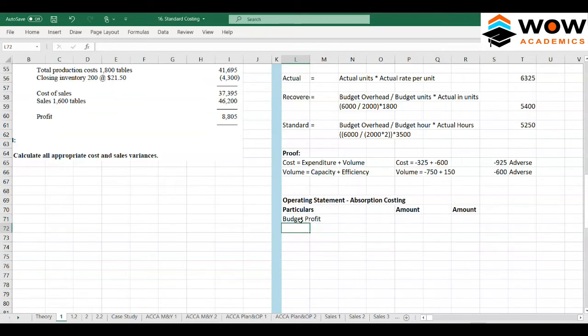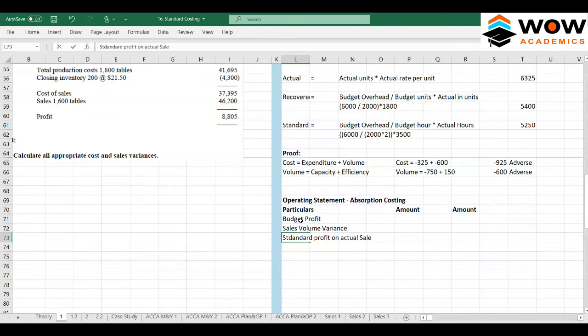The first item would be budget profit. The second item is sales volume variance. Once we have done this, it's called standard profit on actual sale.